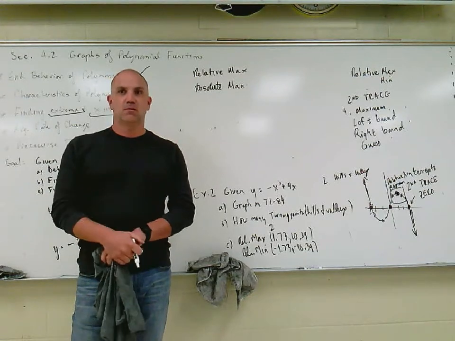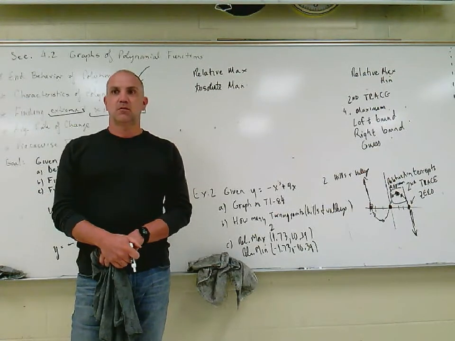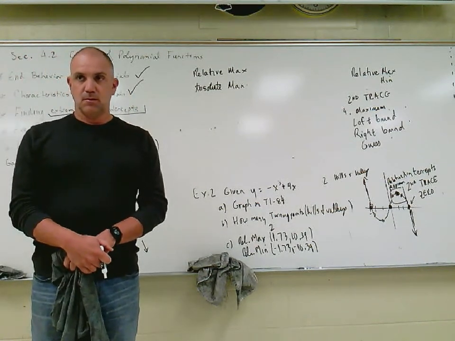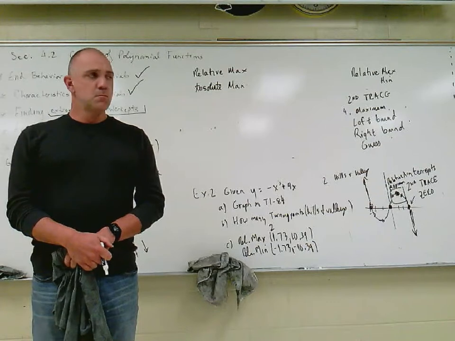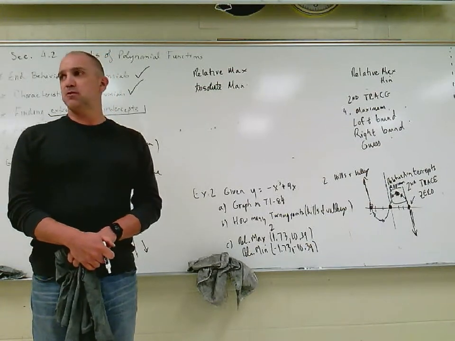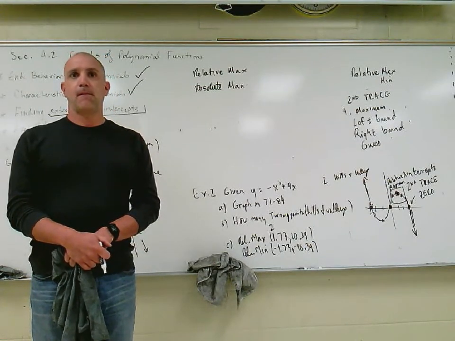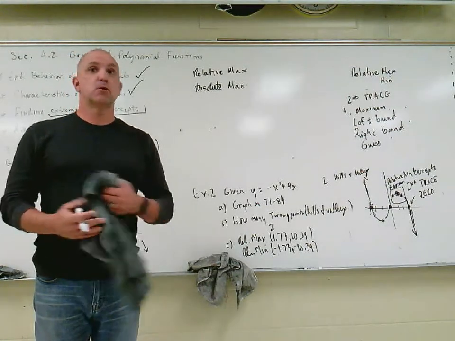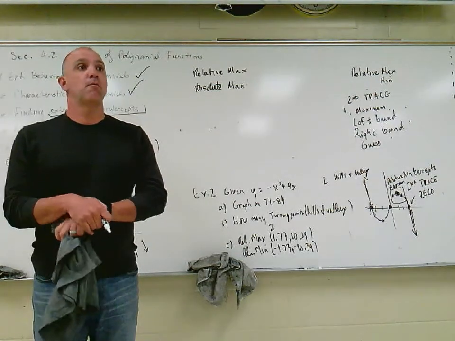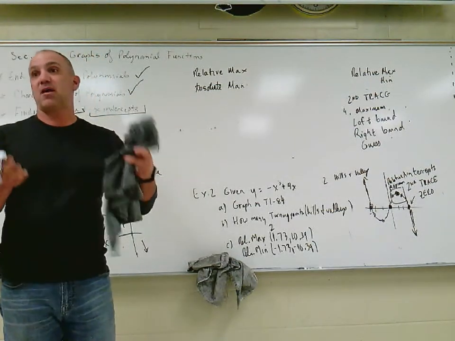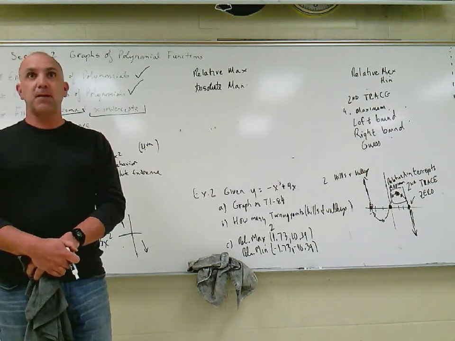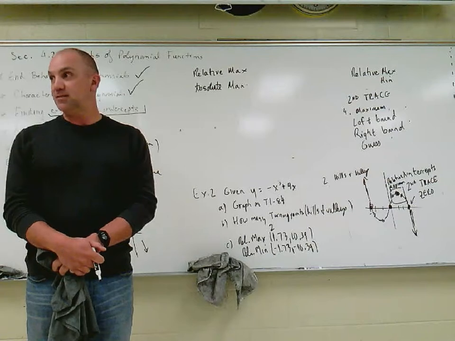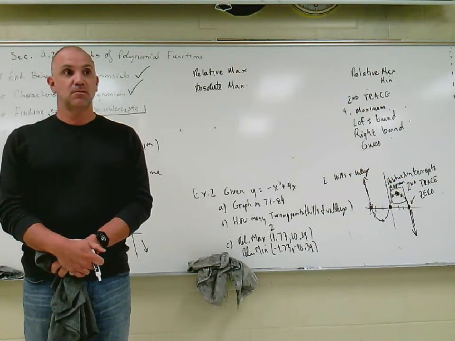With relative maxes, it's only the maximum for that point, there's a higher point, but the absolute is the tallest point on the graph. So can you think of a graph that would have an absolute maximum? It can't be at infinity because there's always something higher. So it won't be a point at infinity because you can't find that point. Can you think of a picture that has a hilltop, that hilltop is the highest point? Yeah, a parabola that opens down.